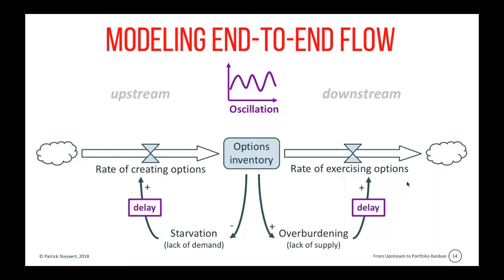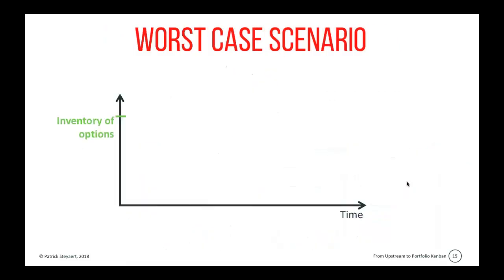Let's look at the worst case scenario. The worst case scenario is where we start with an inventory of options, and then we start exercising those options. We focus, as the Kanban guidance tells us, on finishing what we started. So we focus on finishing work.